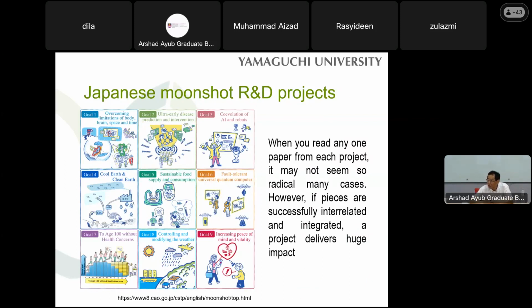We expect literature review and structured format, and they are referring to many differences, especially in the applied science field. However, if every tiny piece is successfully interrelated and integrated, a project delivers huge impact. That's how radical innovation or breakthrough innovation happens.